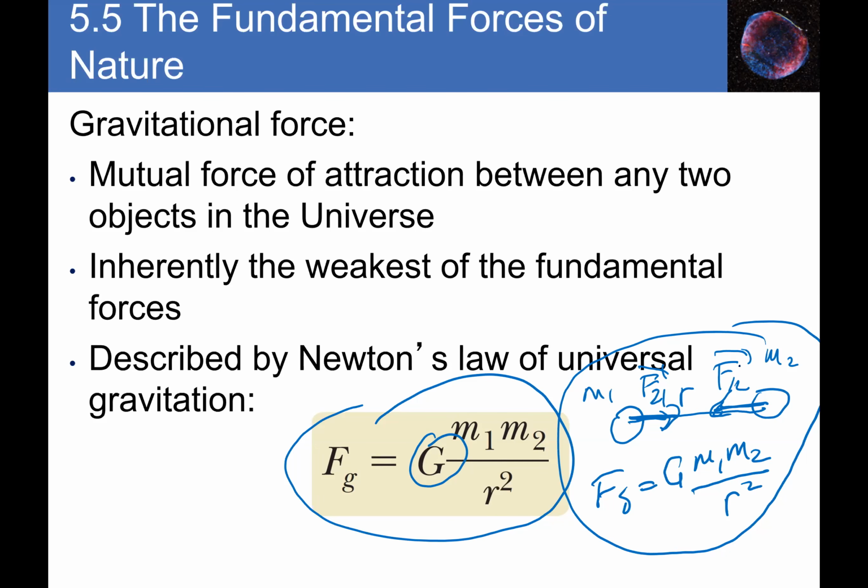The reason you're not attracted to any other object of mass m around you right now is that the force is extremely small if the masses are small. You can only feel its effect if at least one of the objects is really large, like a moon or a star or a planet. Otherwise, this effect is basically extremely tiny. All right, that's it for this chapter.